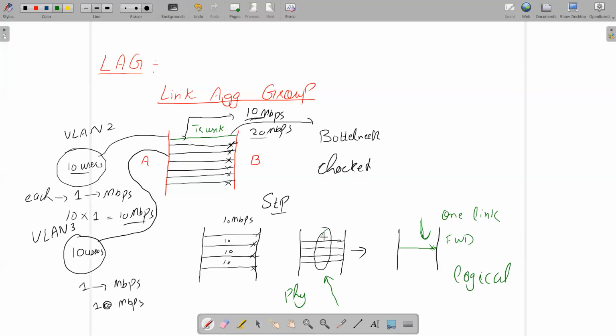And what are the advantages of bundling the physical interfaces? We can aggregate the bandwidth. For example, one link was offering 10 megabit per second. Now overall, if I bundle them in one, the overall bandwidth would be 40 megabit per second.